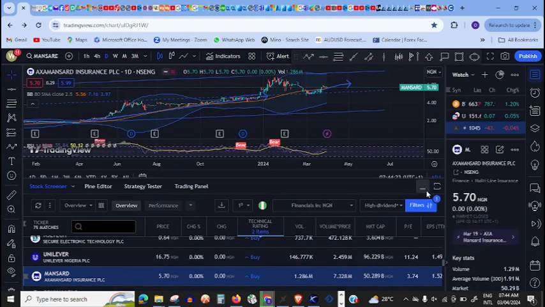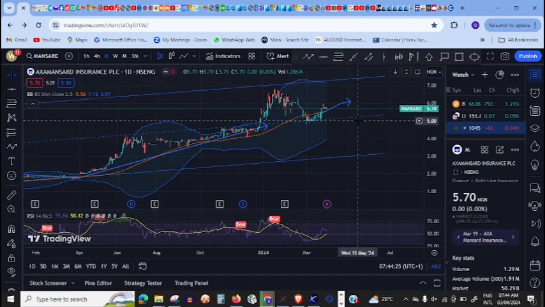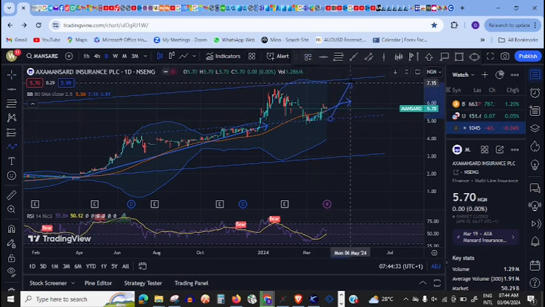This is Mansard. As for Mansard, you can get entry around 5 naira 20 kobo. Top of the band 7 naira 20 kobo.